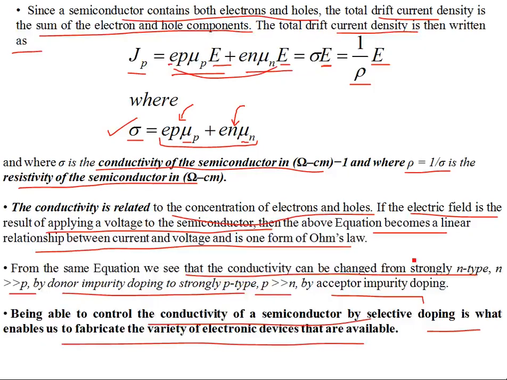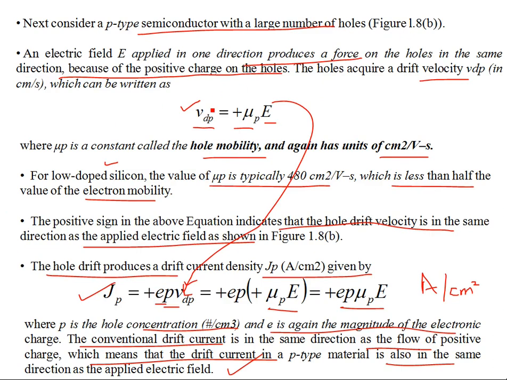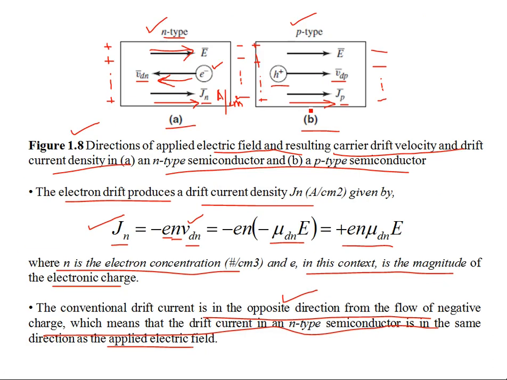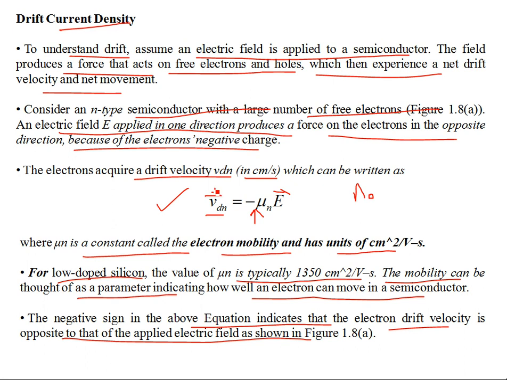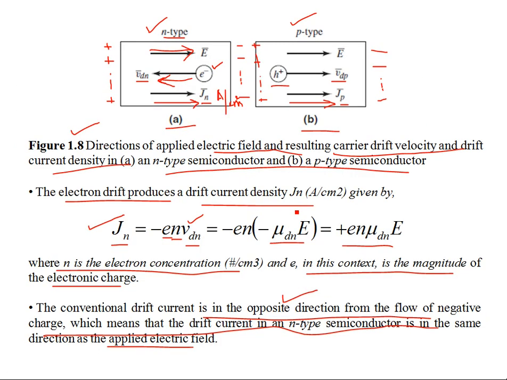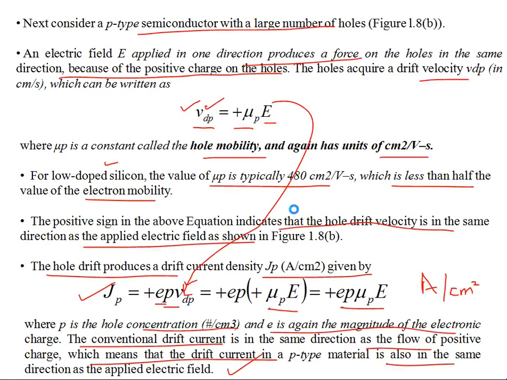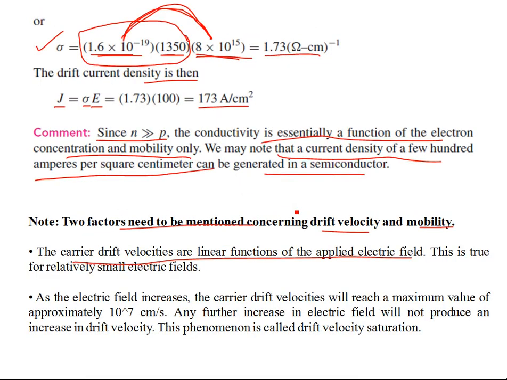We know that because the charge experiences a force due to the applied electric field, and the drift velocity occurs due to the applied electric field.